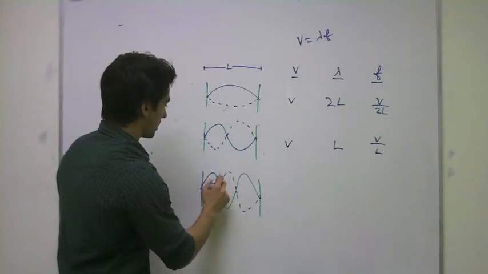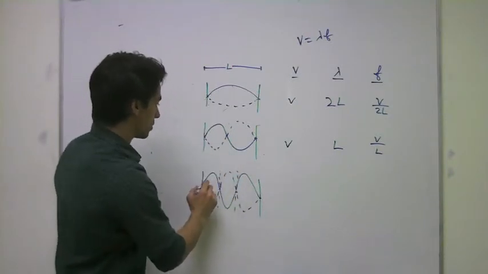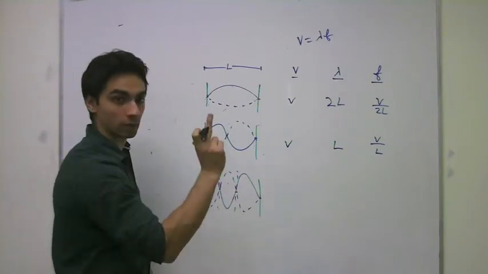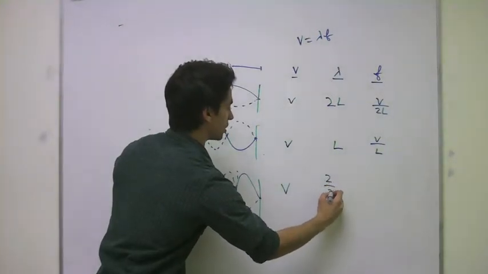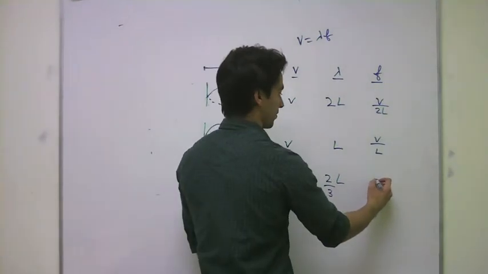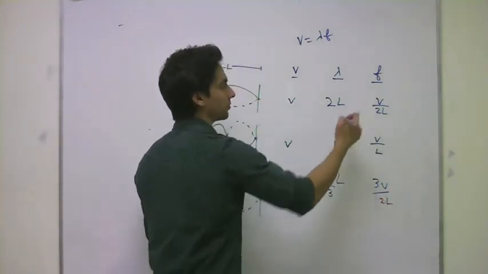Let's make a line here at each node. I've divided L into 1, 2 and 3 parts, and I want 2 parts out of that to complete one wavelength, right? So the wavelength will be 2 parts out of 3 of L. Okay, and over here we'll have 3V over 2L as the frequency.